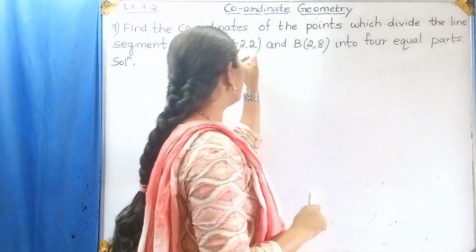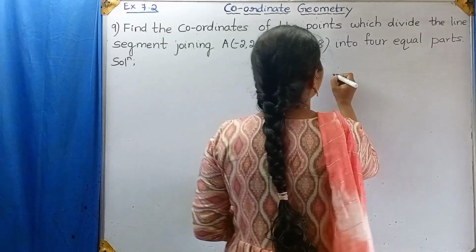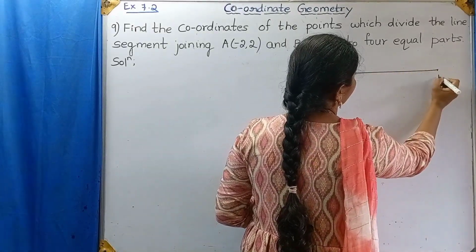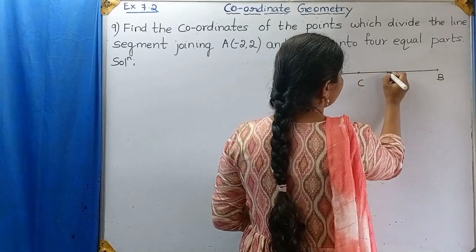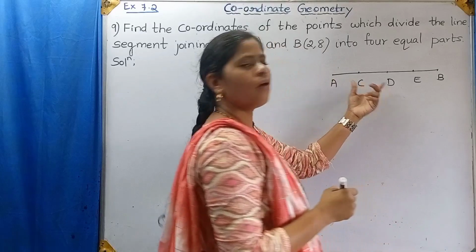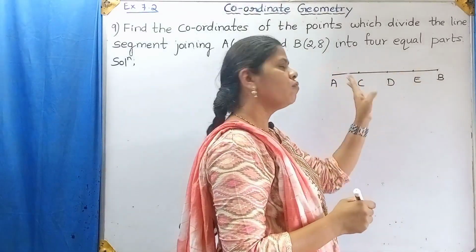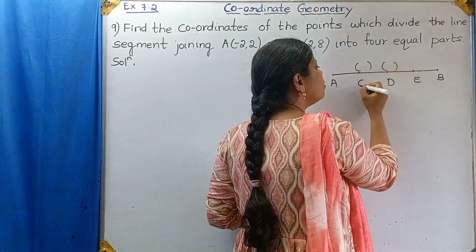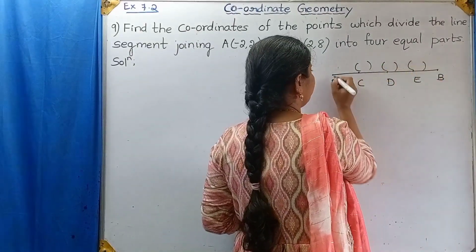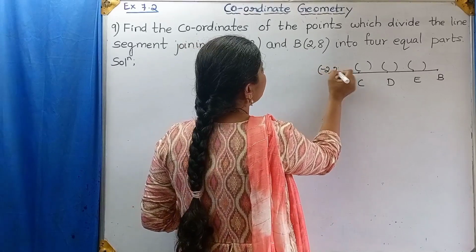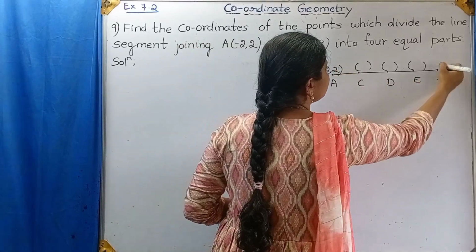We know that AB is a line, right? C, D, E, these are the 3 points which divide AB into 4 equal parts. And we have to find out the coordinates of the points C, D and E. So we know the coordinate of A, that is -2, 2, and the coordinate of B is 2, 8.